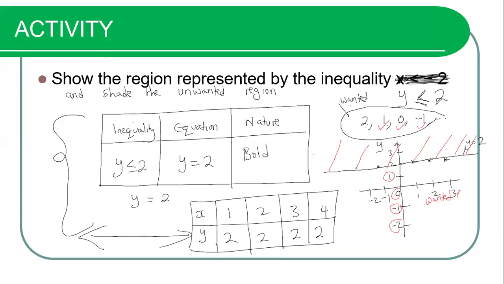It means that 2 is part of the solution. So whenever that number is part of the solution, we use a bold borderline. The moment you find greater than or equal to or less than or equal to, it means that number is part of the solution. In case it is just greater than or less than, then that is not part of the solution.